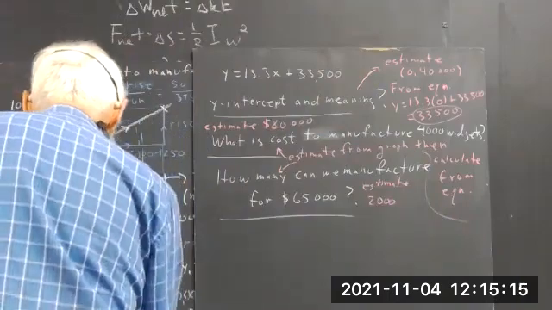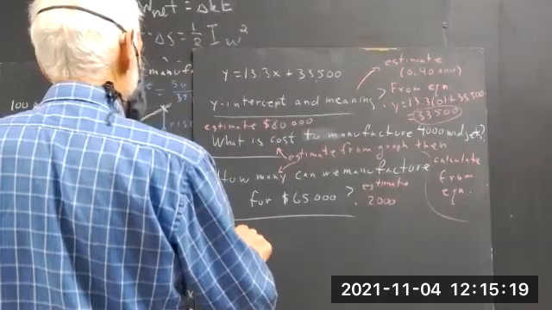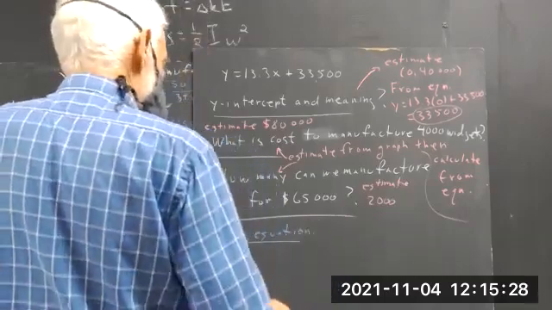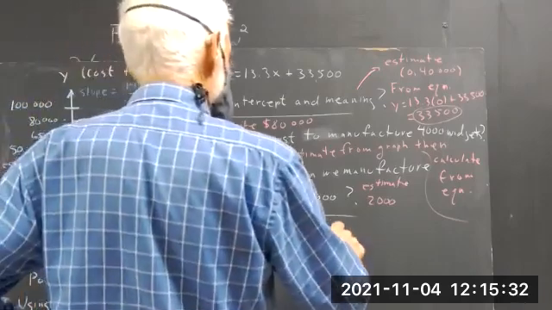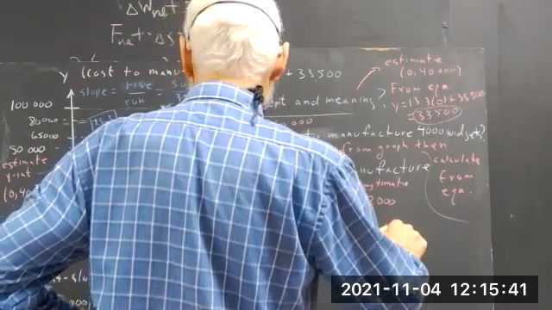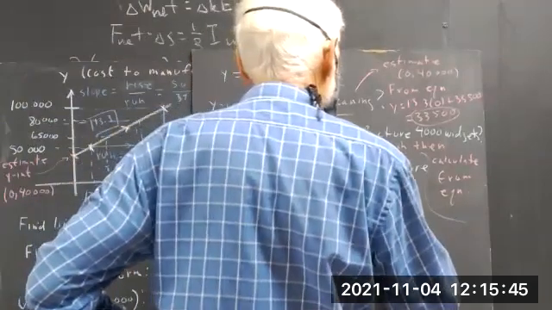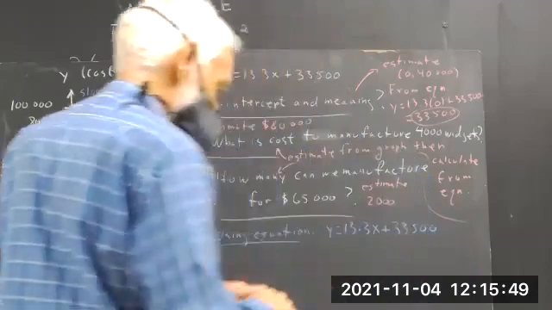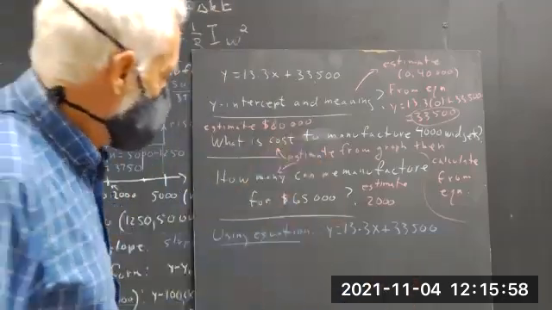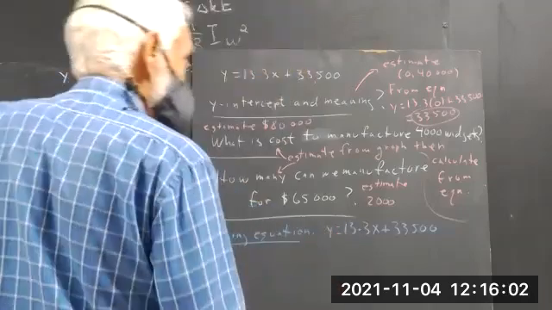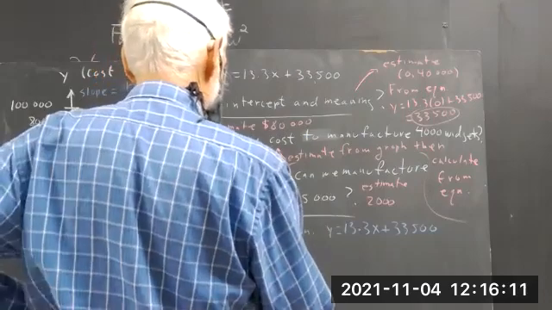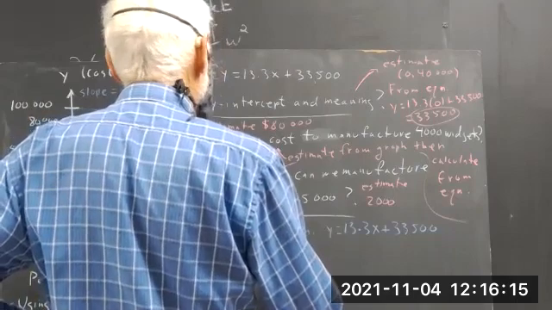Now, using the equation, x equals 4,000.